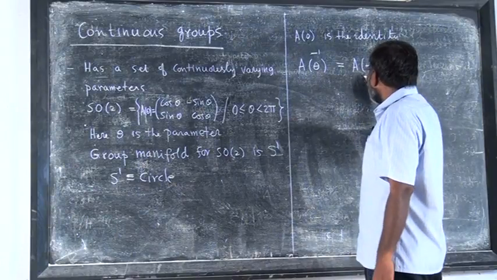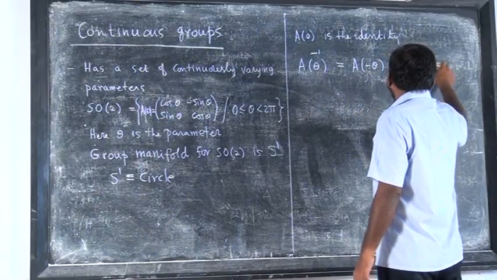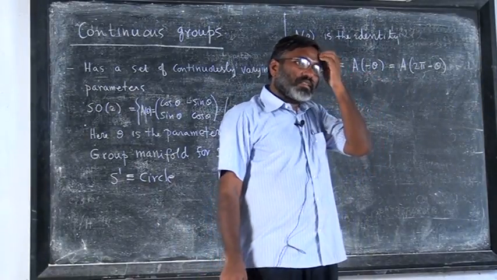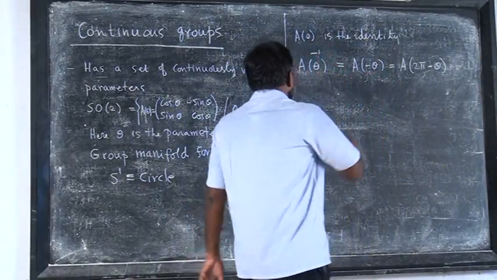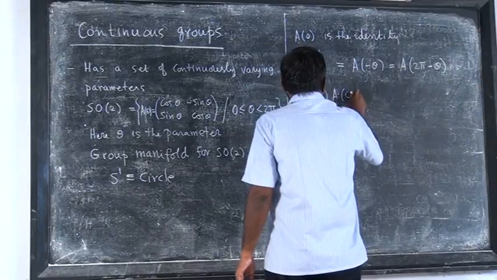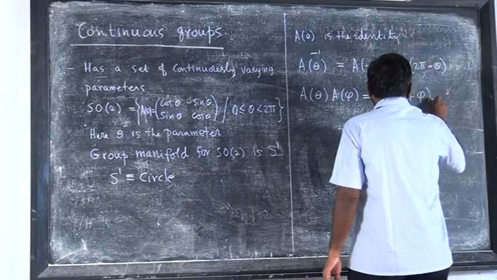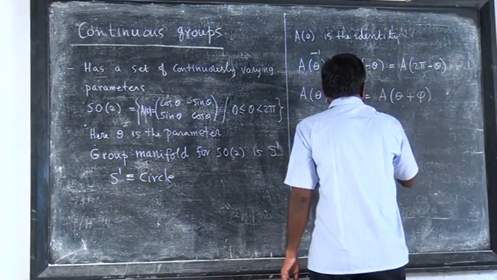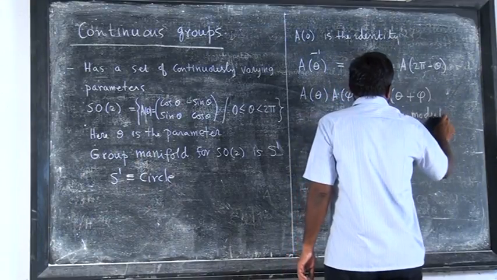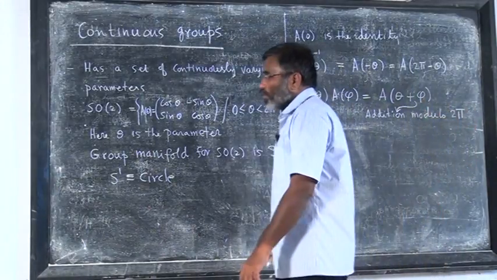What is A of minus theta? A of 2 pi minus theta. Correct? All these operations of theta, addition of angles, is modulo 2 pi. So if I write A of theta into A of phi, this is nothing but A of theta plus phi. This addition is addition modulo 2 pi.